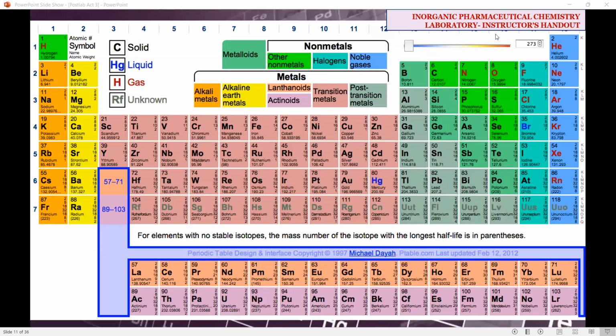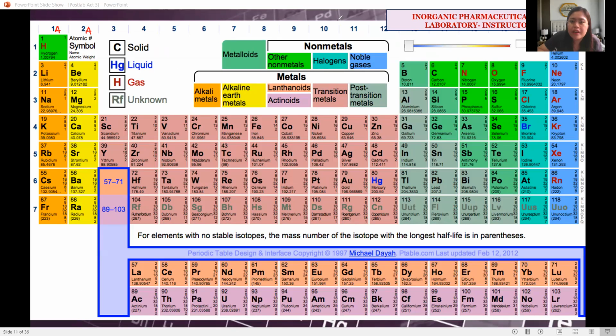Let's go back to our periodic table and find them, so you can determine them. This one is group 1A, and its name is alkali metals. This is group 2A here, and we call them alkaline earth metals.